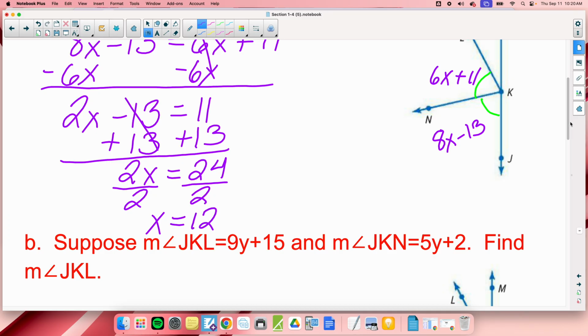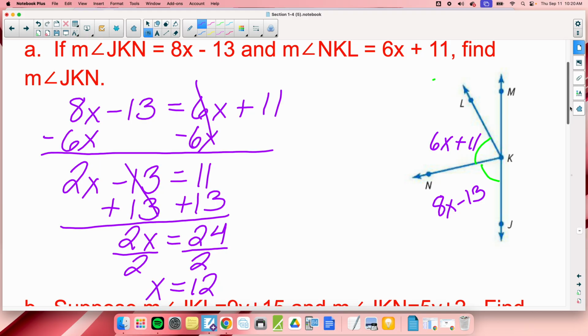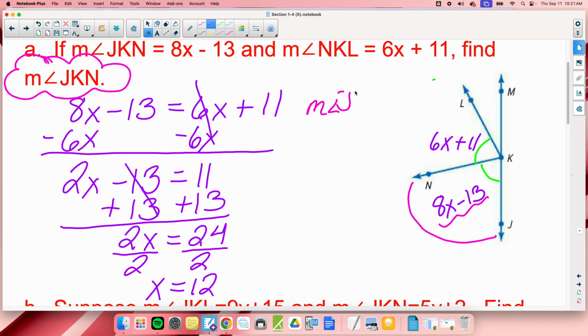Okay? So if we go back here, what did they ask us for? They asked us to find the measure of angle JKN. JKN, do you guys agree is this angle? So what we would do is take our x and put it into this angle. So the measure of angle JKN is 8x minus 13.